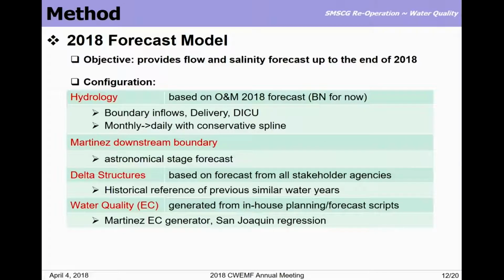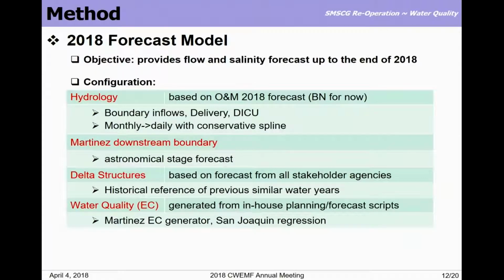So for our forecasting, that's the focus of our study. Basically, we're using our current grid and parameters, but we request from O&M the forecasting hydrology for the whole year, and for our boundary, we're using the astronomical tide.